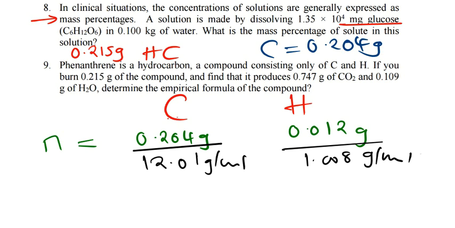I've just got mine. 0.204 divided by 12.01. Okay, so I have 0.1698858 moles, and then on the other hand we have 0.012 divided by 1.008.